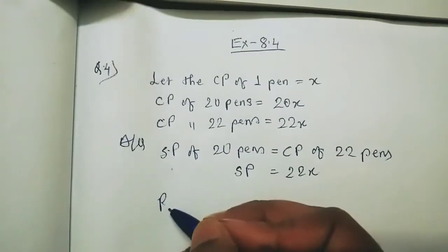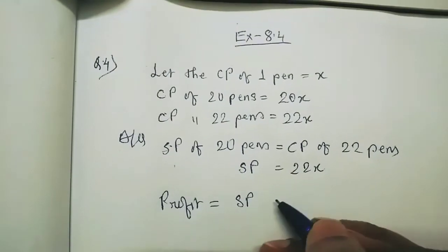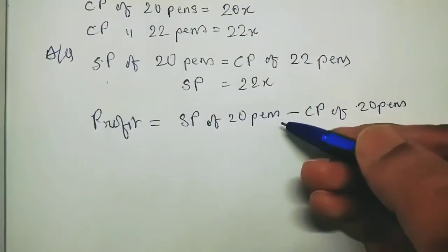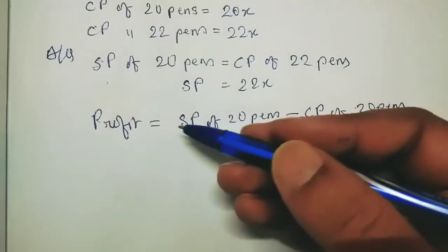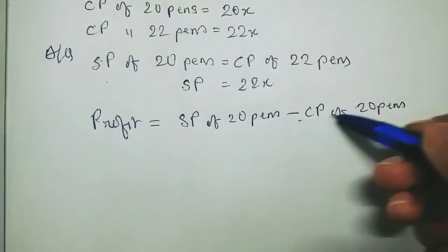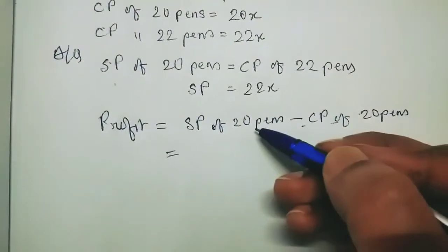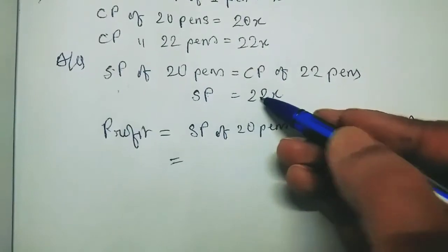Now write profit equals SP minus CP. That means we take the same number of pens: profit equals SP of 20 pens minus CP of 20 pens. SP of 20 pens is what we got, 22X.